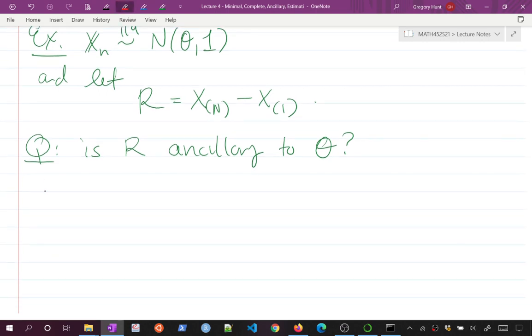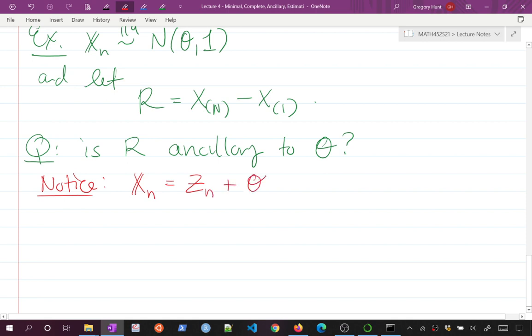So notice that what we can do here is I can write my X_n's as some Z_n's plus theta, where my Z_n's are IID normal 0, 1. If I take a normal 0, 1 and I add on theta, it would be normal theta 1.